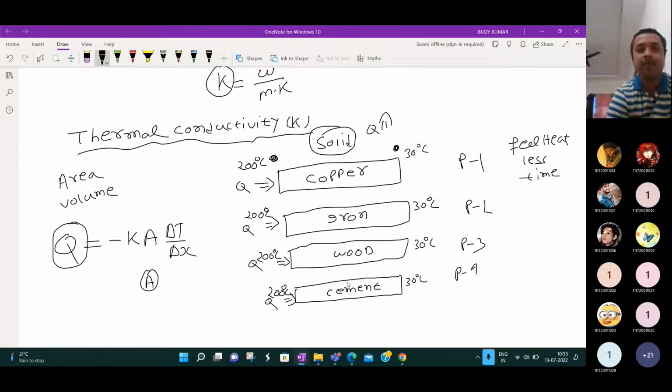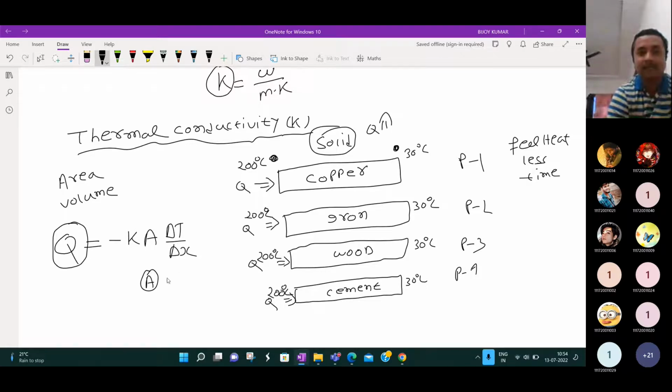So we take the example of 4 solids which have the same area and the same volume. We give the same temperature difference, and we are calculating why in copper and iron the heat will transfer more rapidly compared to 3 and 4. That's what we are discussing. The area is the same in all cases.